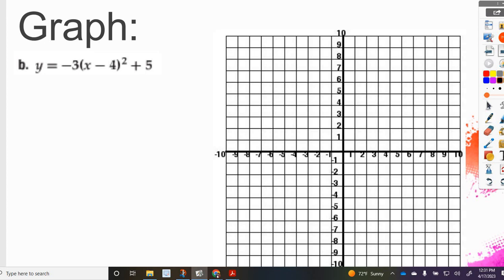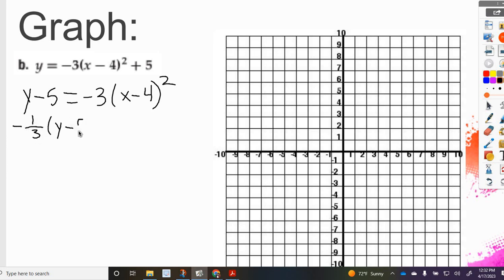So. Okay. And then what to the -3? So then we should be able to find our different parts. So where is our vertex?